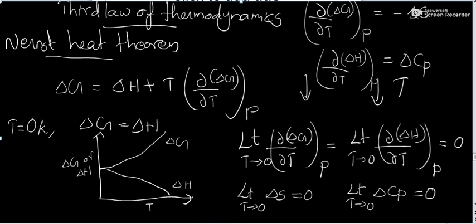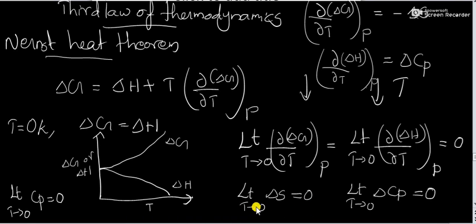From the applications of quantum theory to the heat capacity of solids, we can say that heat capacities of solids should tend to be 0 at 0 Kelvin. That is, we can write limit T tends to 0, Cp equal to 0. This is an extension of heat theorem.